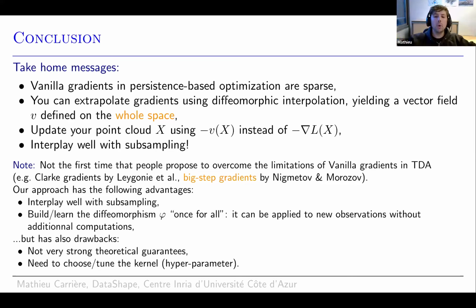You can look at all the simplices that are associated to those critical simplices, the ones that you would also need to move if you were to move the critical simplices in the filtration. Then you find them and optimize them directly instead of only the critical simplices. So that's what they call the big steps. It's an approach that is a bit similar to the one I presented, although it also has a few differences.